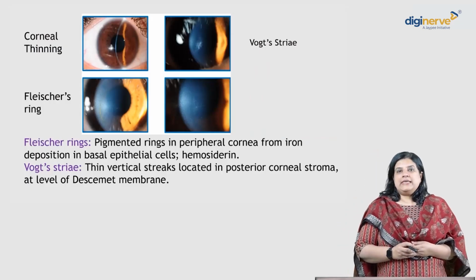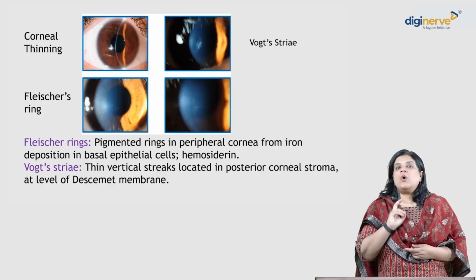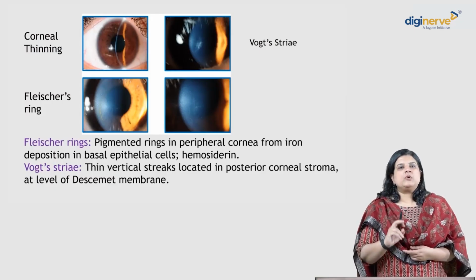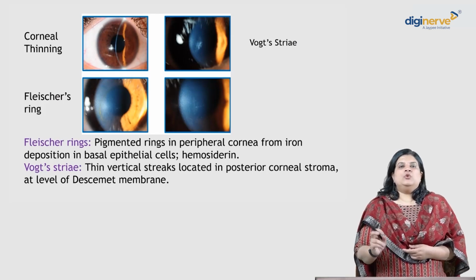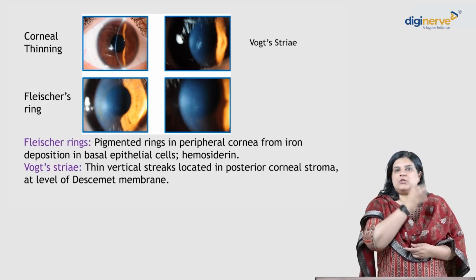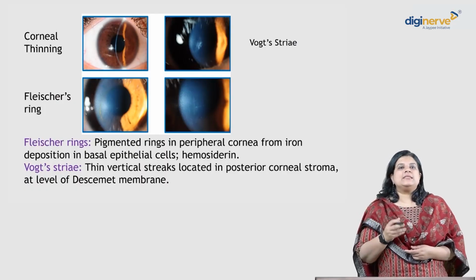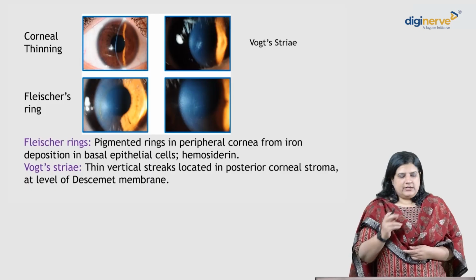Vogt striae can be seen. Haab's striae are horizontal striae and characteristic of buphthalmos or congenital glaucoma. So the incorrect answer in this lot is Haab's striae. Rest all are the findings that are seen in a patient with keratoconus.